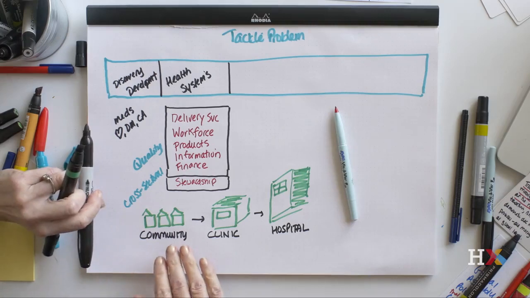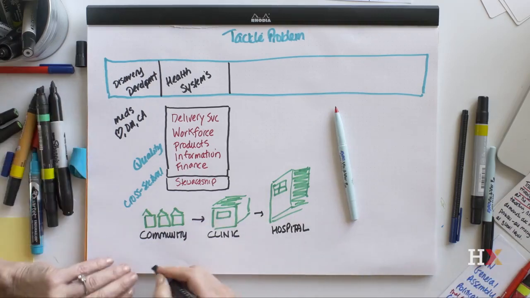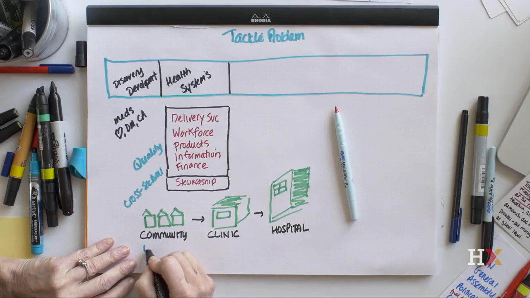So when we think of these three levels of care, we can also think about the kinds of interventions we can deliver. So for example, in the community, you could imagine there being community health workers or educational interventions. We want to prevent kids from starting to smoke.